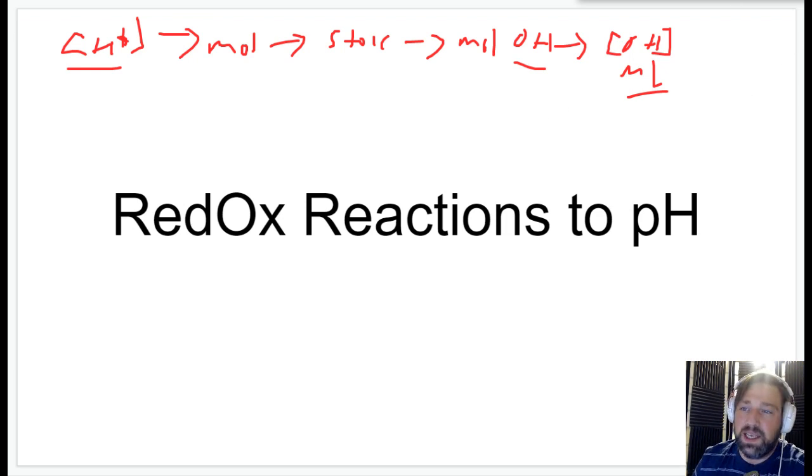This happens fairly often, and this is basically the basis of the calculations of chemistry.